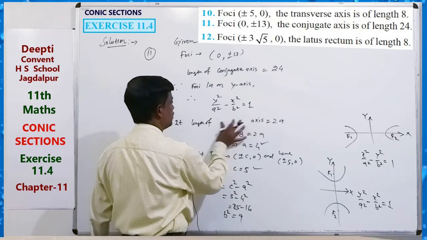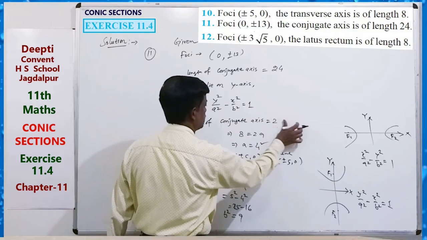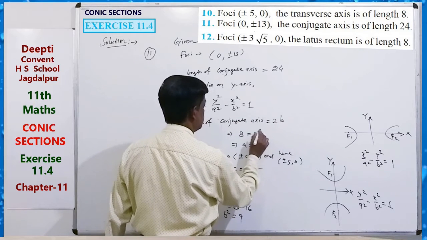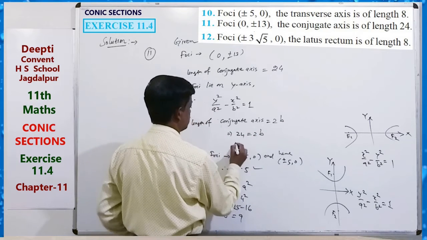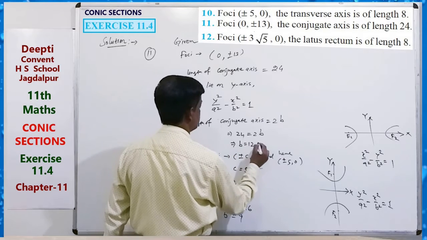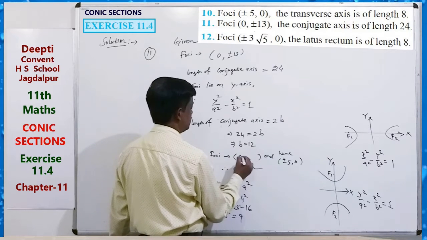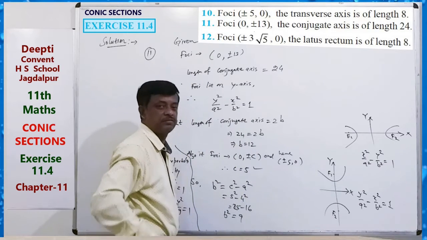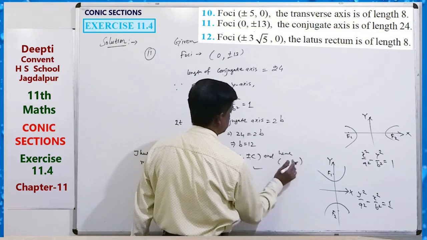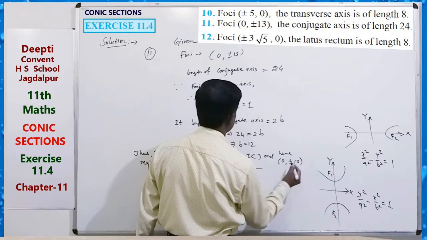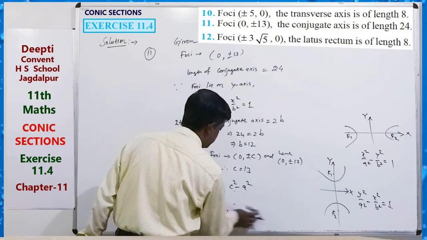The length of the conjugate axis is 2b. 2b here is 24, so from here we can find b equals 12. Foci is 0 plus minus c, and as it is given 0 plus minus 13, therefore c equals 13.